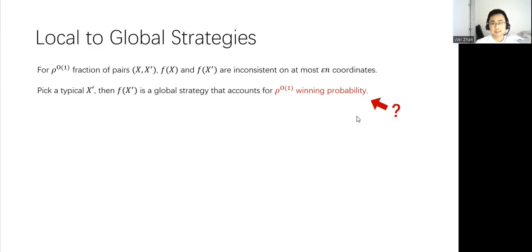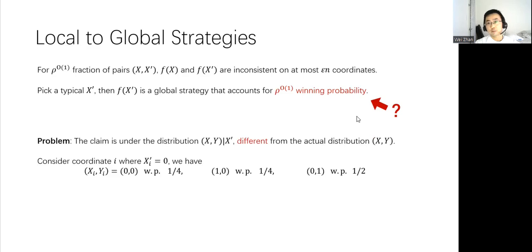But is it? We show this question mark because there is actually one problem with this claim, that it works under the distribution given x prime. Because x and x prime are not independent in our sampling process, the distribution becomes different after conditioning on x prime. The good thing is that the distribution conditioning on x prime is still independent across the coordinates.